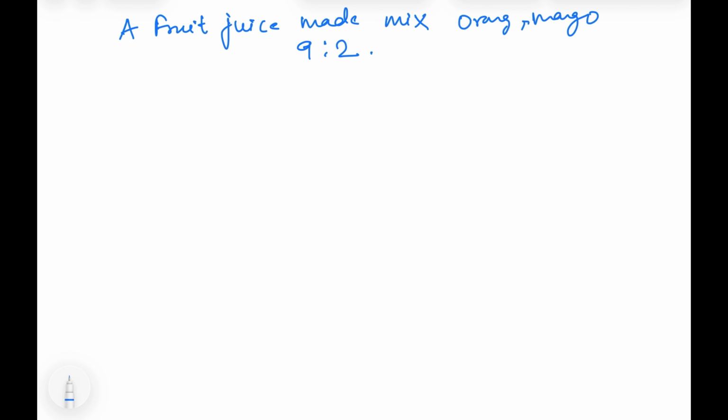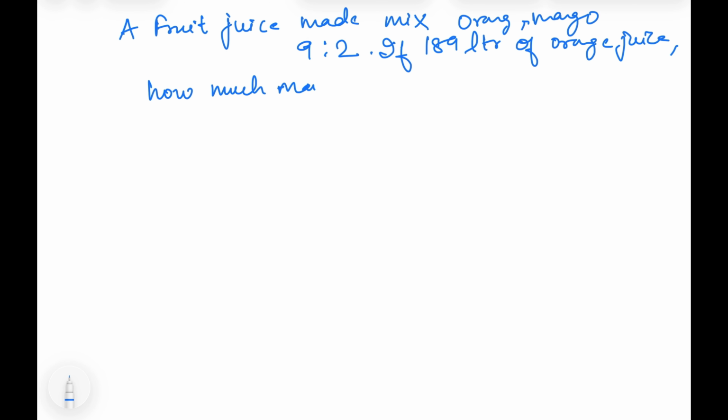They are asking, if 189 liters of orange juice is used, how much mango juice will be needed? So just go through the question again. The fruit juice is made by mixing orange and mango juice in the ratio of 9:2. So the ratio for orange is 9 and for mango is 2.